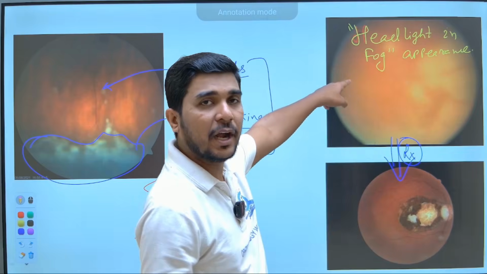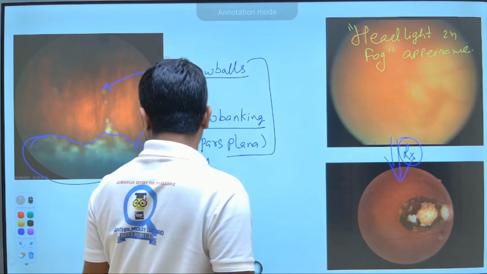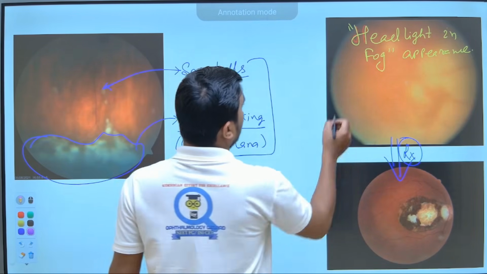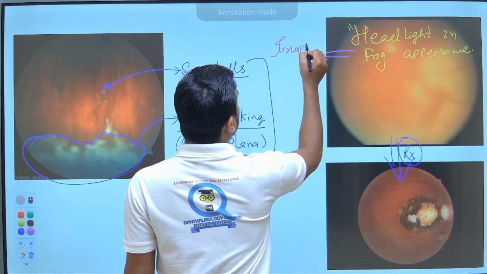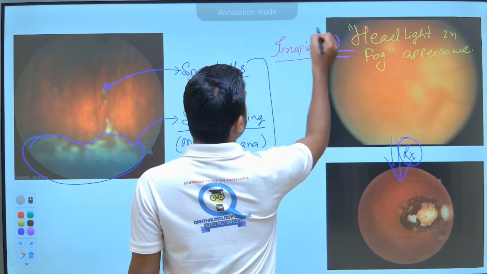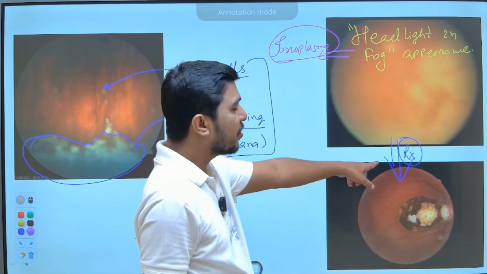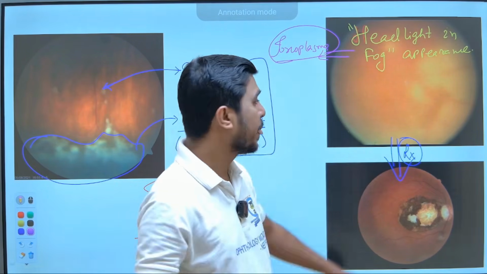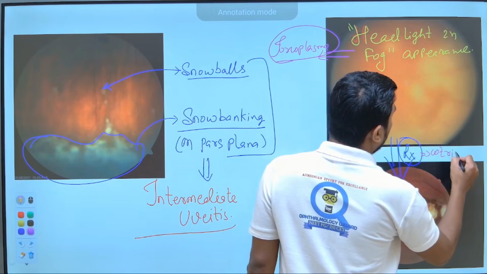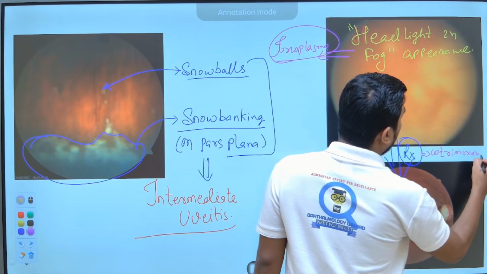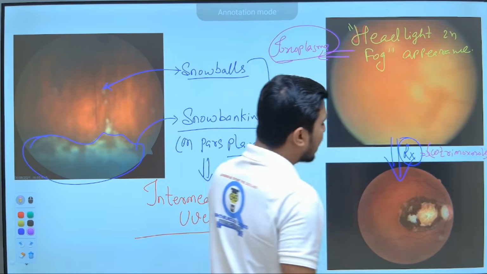Understood? This headlight in fog appearance is seen in which condition? Toxoplasma. And when we give the treatment, cotrimoxazole, then it becomes like this.